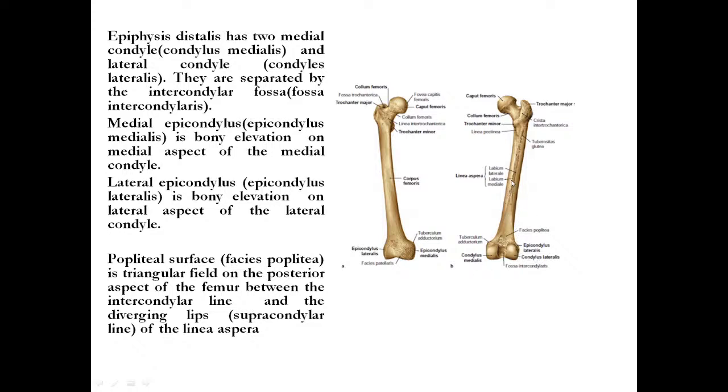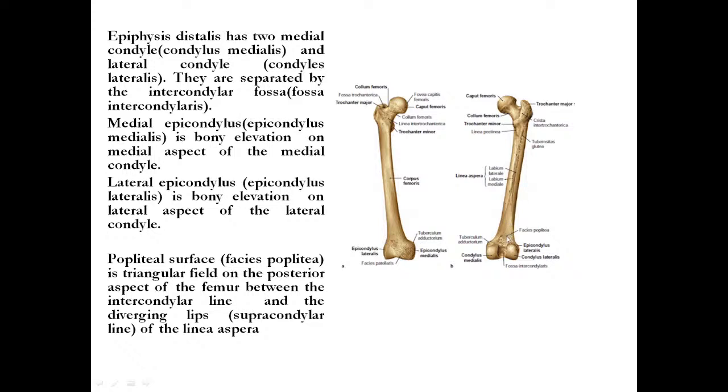Between the lines of the linea aspera is formed the popliteal surface, facies poplitea, a triangular area on the posterior aspect of the femur between the intercondylar line and the diverging supracondylar lines and linea aspera.